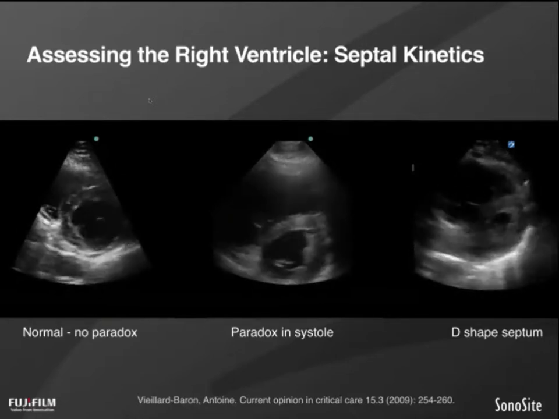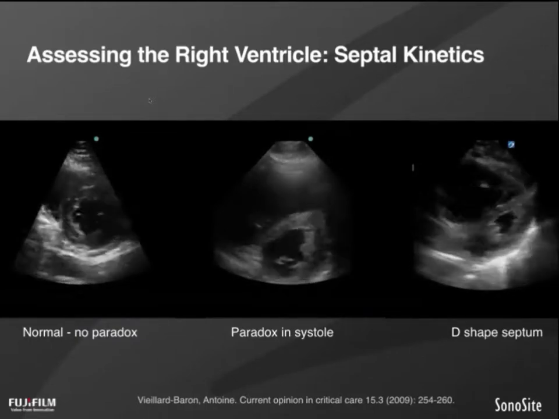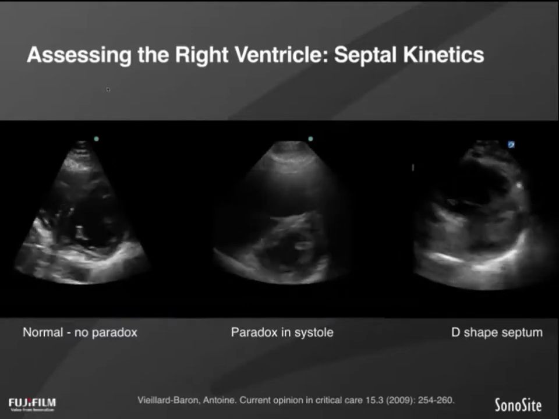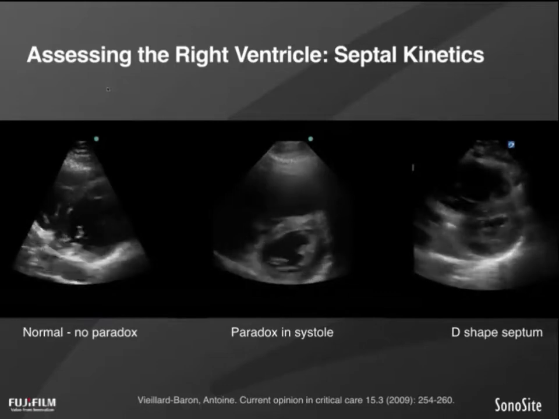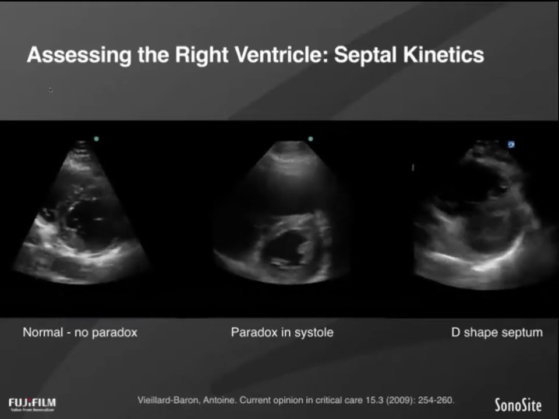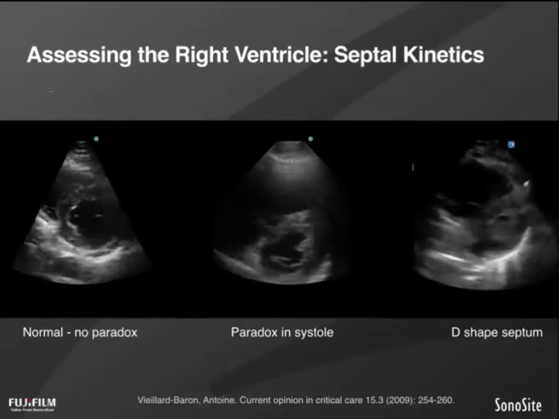Now, the parasternal short axis often provides the best view for this determination of septal kinetics. Here on the left, we see a normal parasternal short axis without right ventricular dysfunction, and we see that the septum thickens and moves towards the middle of the left ventricle during systole.